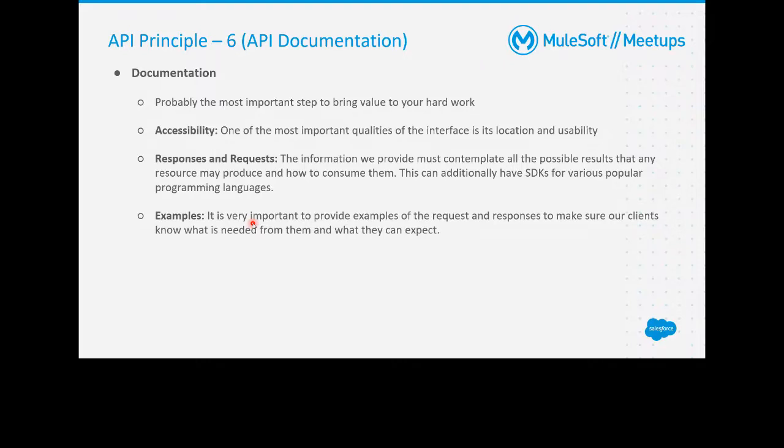So those examples are really helpful. It is useful not just for the end users, it is also useful for the developers when they are developing based on the contracts or the RAML specs or the OAS specs. So documentation is really important, not just for your end users, but also for the people who are implementing your API. So really thumbs up for documentation. It's really important.